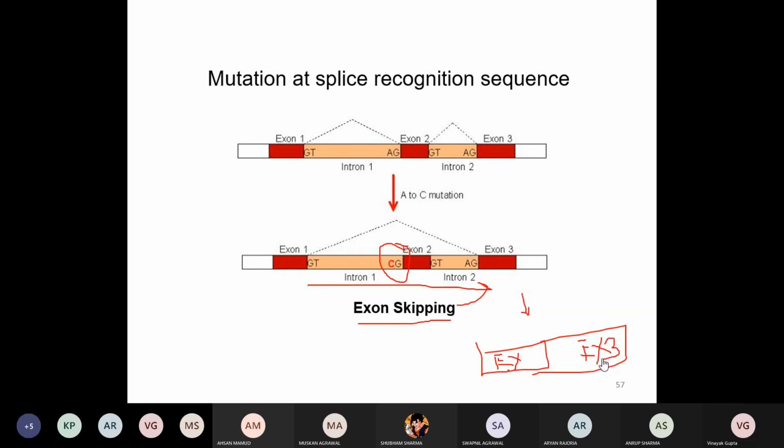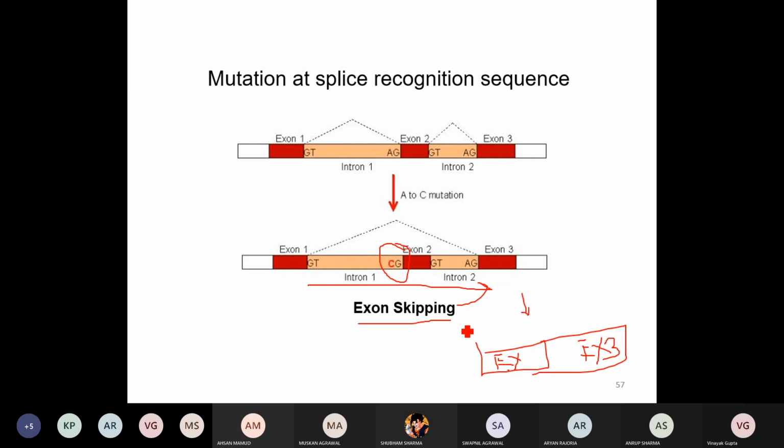They are going to code for a protein. So this mechanism by which exons are skipped during splicing is called the exon skipping mechanism.